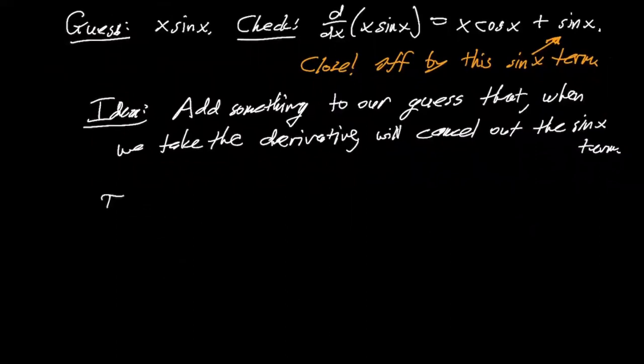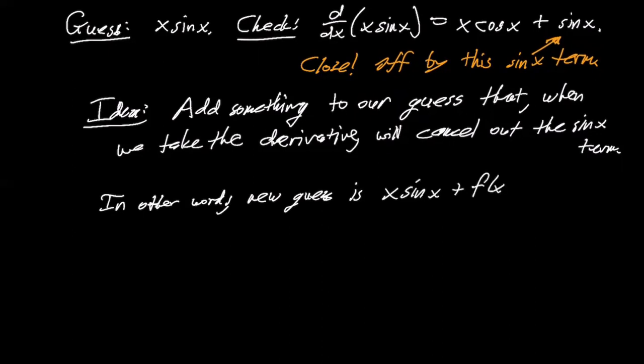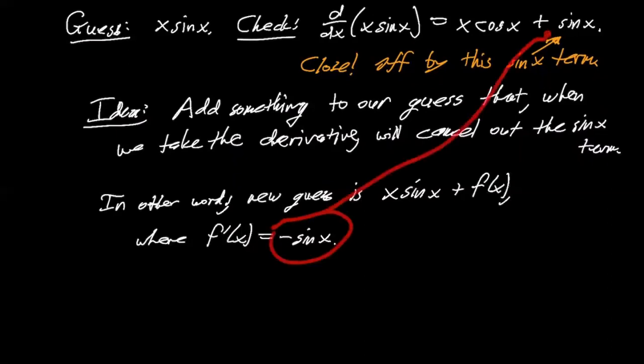In other words, the new guess will be x sine x plus some function f of x, where f prime of x, because we have to differentiate it when we check, should be negative sine x so that it will cancel out.